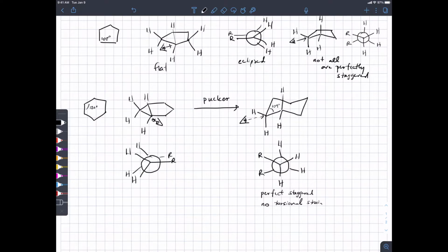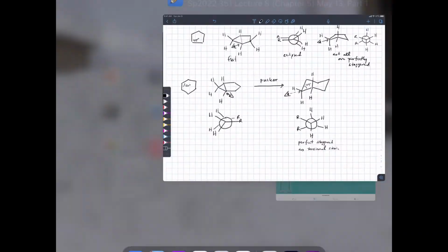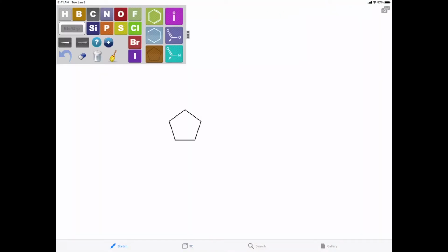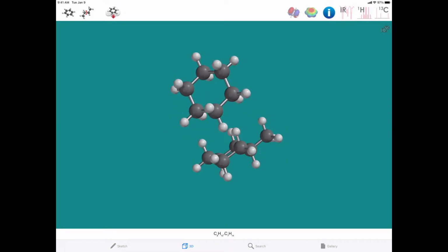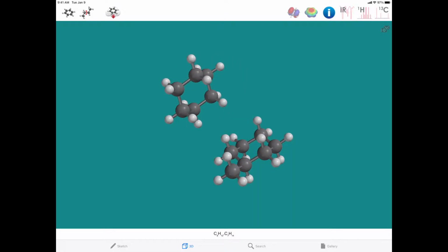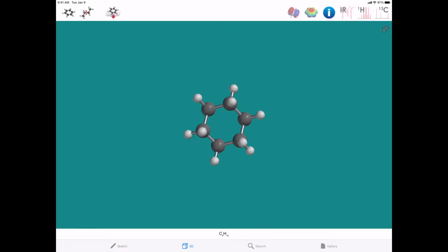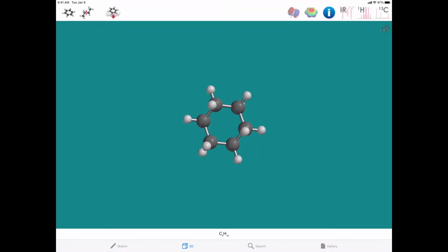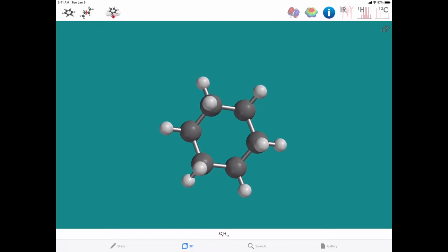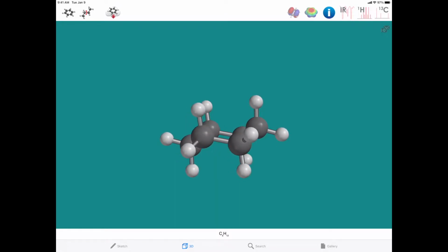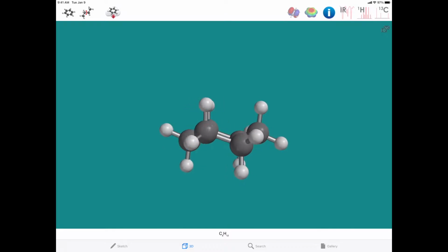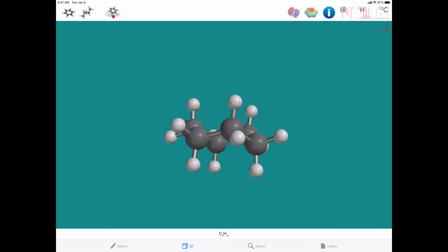So to demonstrate that, let me show you again in Spartan the six-membered ring. Looks nice and flat. Whoa, how did that happen? Okay. Looks flat from above, but if we zoom in and look at it, let's look down one of these carbon-hydrogen bonds.